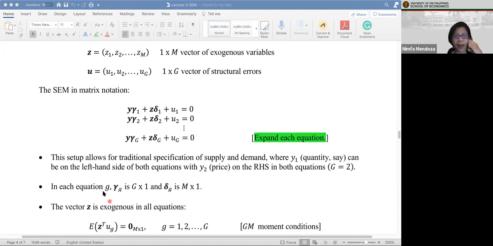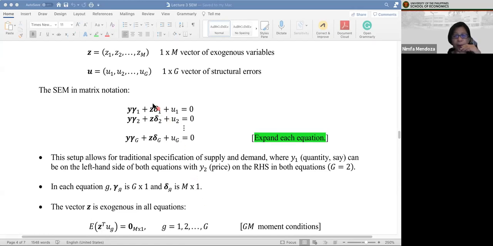In each equation, so for a specific equation, lowercase g can go from 1 up to uppercase G. So gamma sub g is G by 1, because you have big G endogenous variables, and delta sub g is M by 1 because you have M of these exogenous variables.